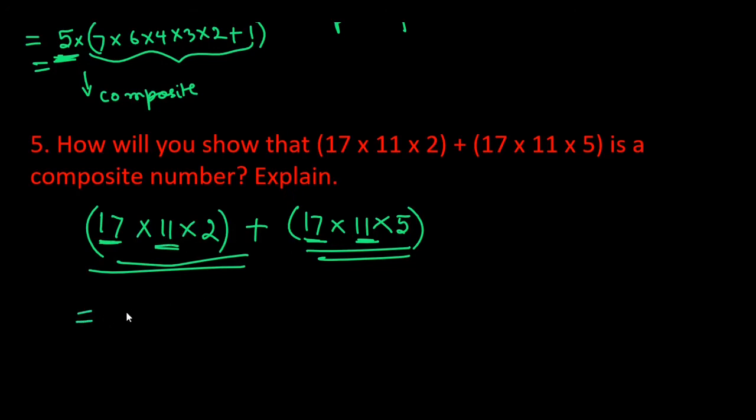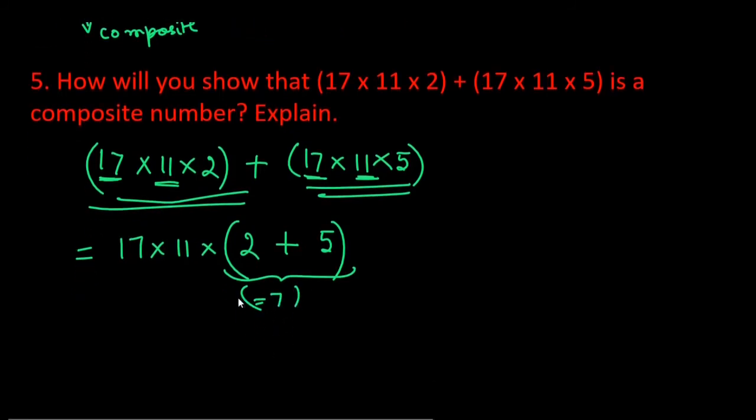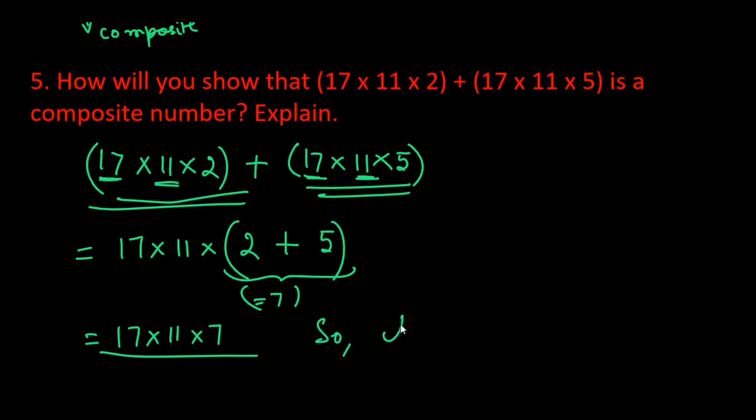So we can rewrite it as 17 into 11 into, we get 2 here and 5 here: 17 into 11 into 2 plus 5. 2 plus 5 as a single unit, we know we get 7. So 17 into 11 into 7. We are able to write the number as a product of 3 primes. So it is composite.